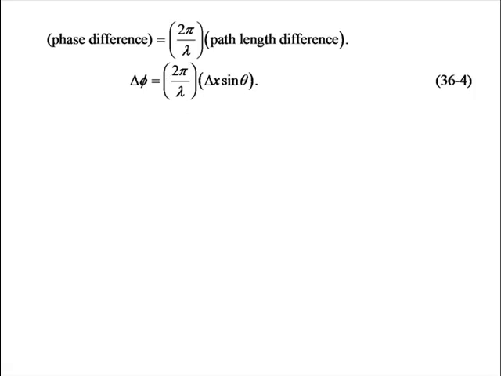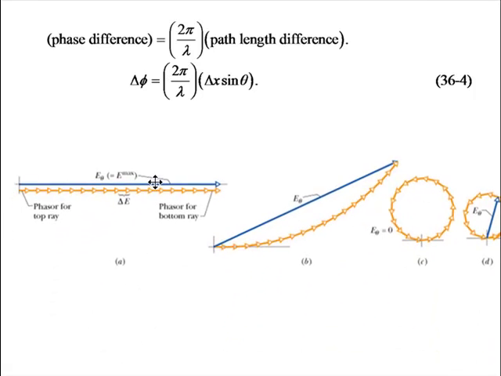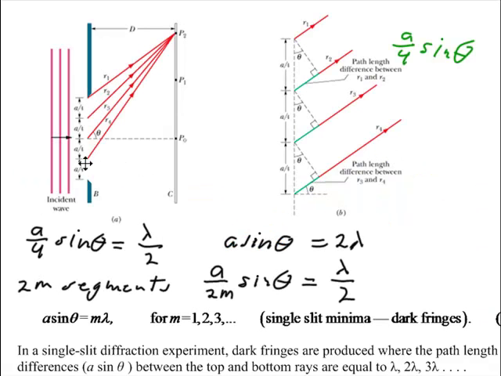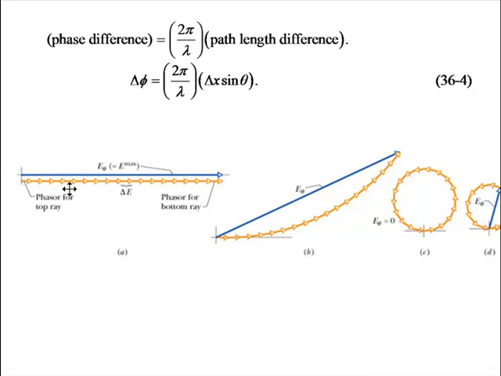Now let's imagine what happens as those differences get bigger. When theta equals 0, the phase for all of the different rays of light anywhere along the slit is exactly the same. All of these points have the same phase to reach the middle here. So all of the phasors line up in a straight line.